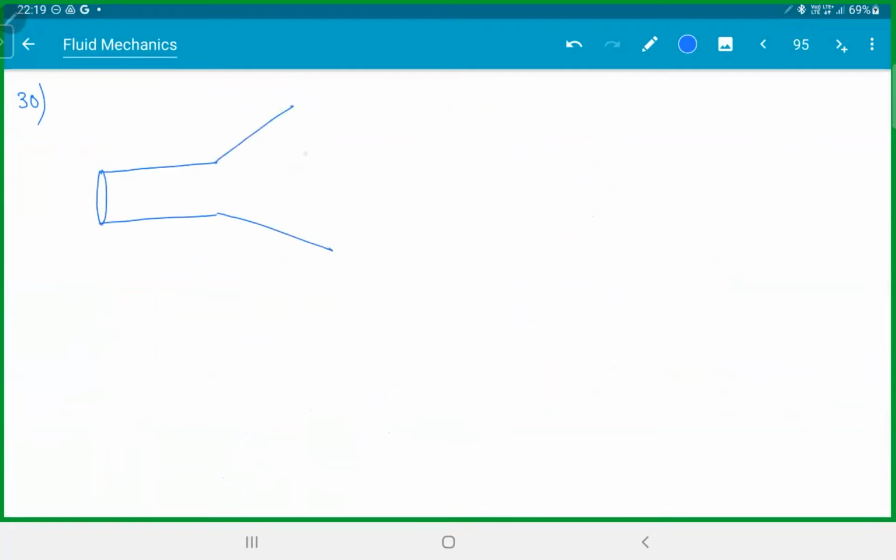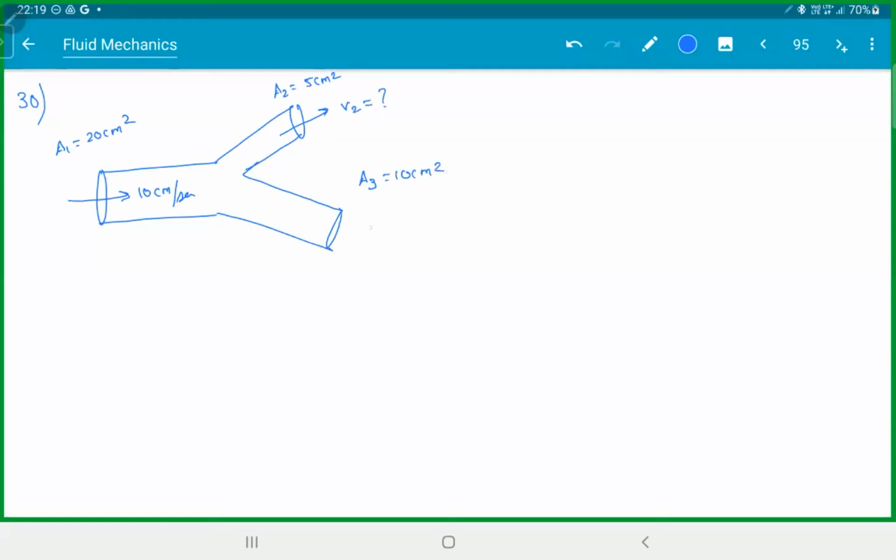So let's say we have pipes like this. Let's say this A1 is 20 centimeter square, entering at a speed of 10 centimeter per second. This A2 is 5 centimeter square. Let's say this is V2, which I don't know.